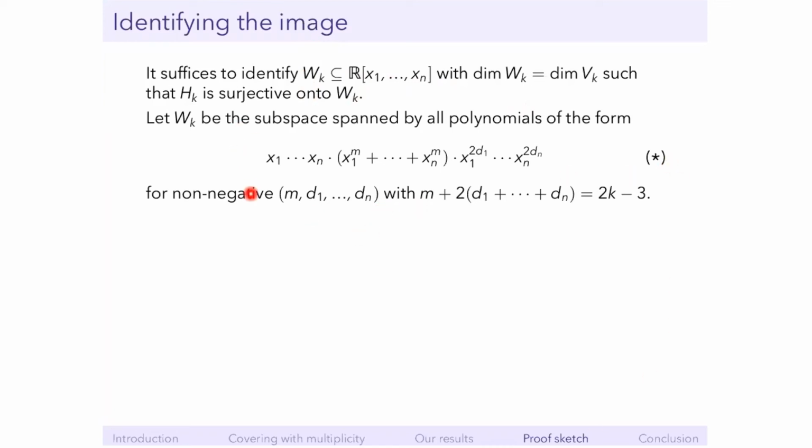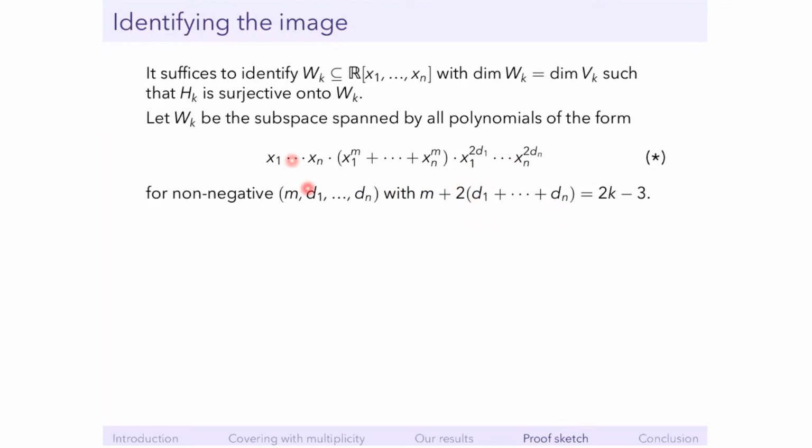So things of this type are the product of all the variables times a sum of the mth power of all the variables times just a bunch of even powers of the variables, where this has the appropriate degree, so that this thing has degree 2k minus 3. And again, I don't know how you would come up with this except by just doing some small examples, and this turns out to be the right thing to pick.